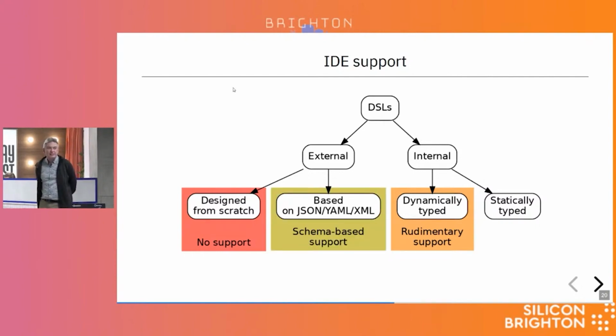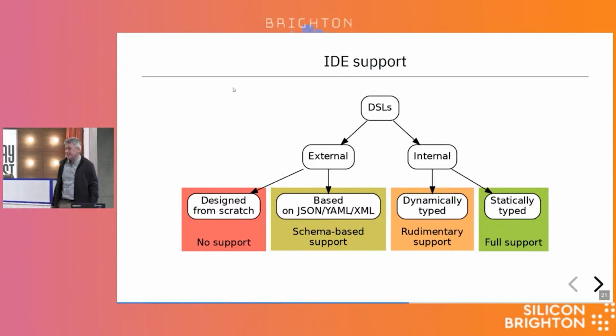For JSON, YAML, XML, things are getting much better, because if we have an XML schema or YAML schema, we will get validation and code suggestions, and it's better. And the best, full support, I believe, is for statically typed languages, and we will see during our demo that IDEA actually suggests valid options. Okay, so that was flexibility versus IDE support.